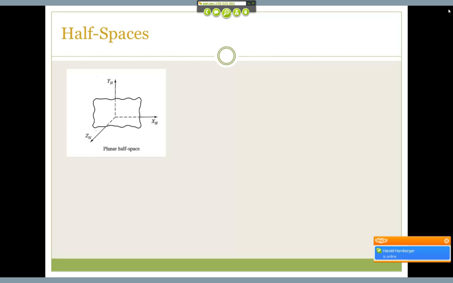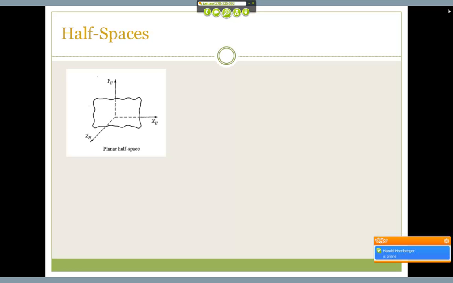So what's a half space? Okay. Well, one way to think of a half space is you have a plane and ask the question, on which side of the plane am I on? The side that I'm on is solid. The side that I'm not on is empty, open, okay?